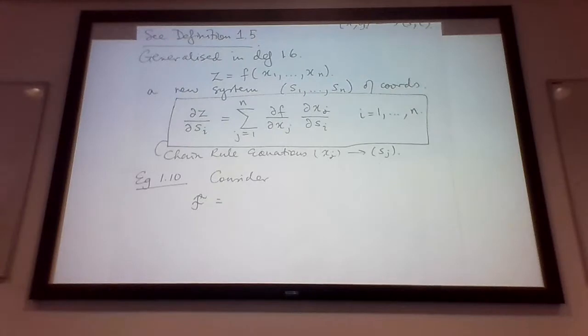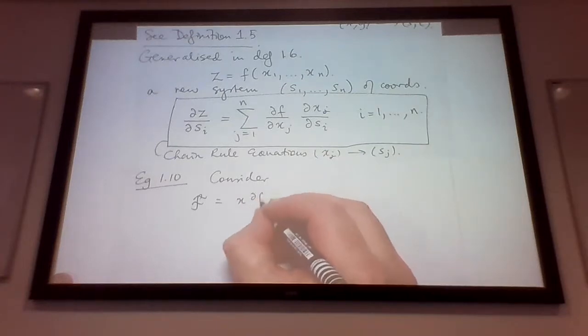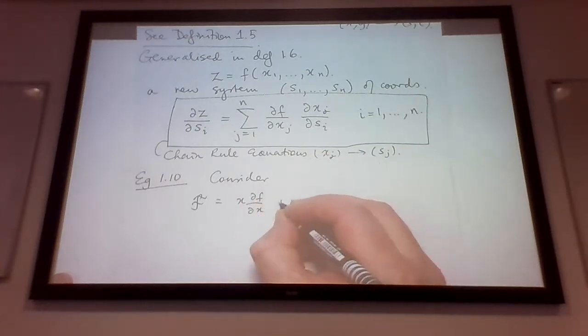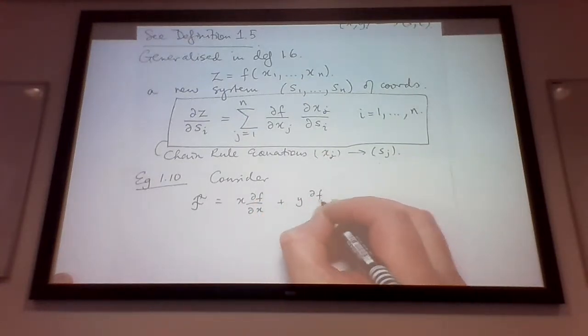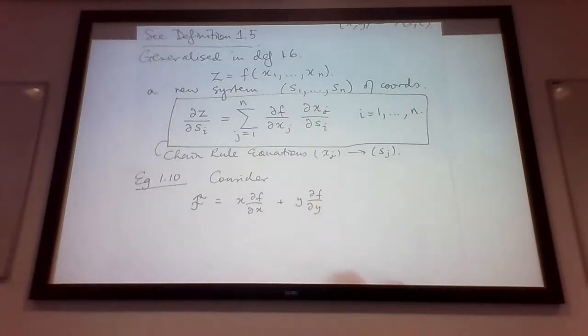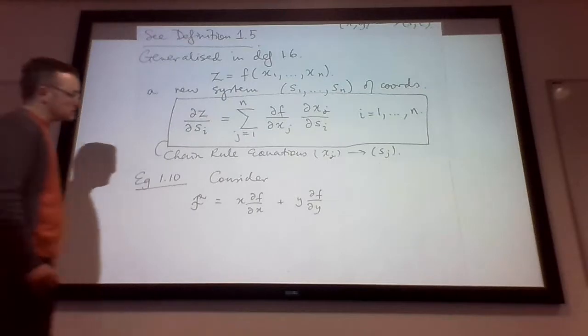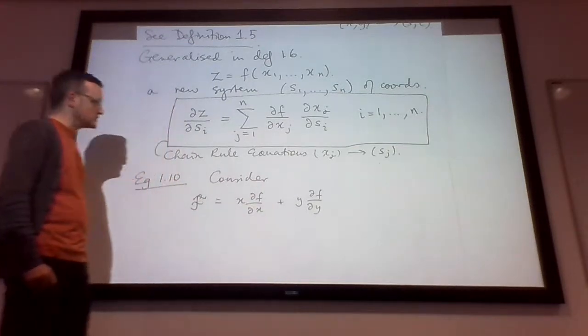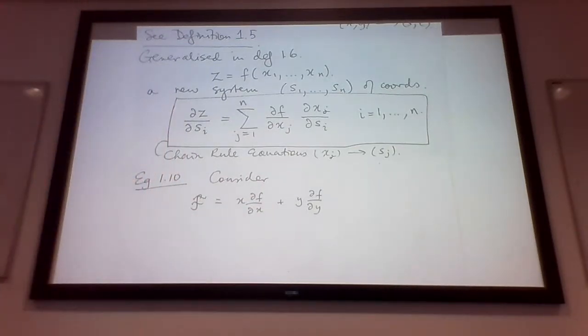So we consider this expression, which is denoted by curly f, and it's x df dx plus y df dy. So this is a combination of the variables x and y and the partial derivatives df dx and df dy. So it's some kind of differential expression in terms of the old system of coordinates.